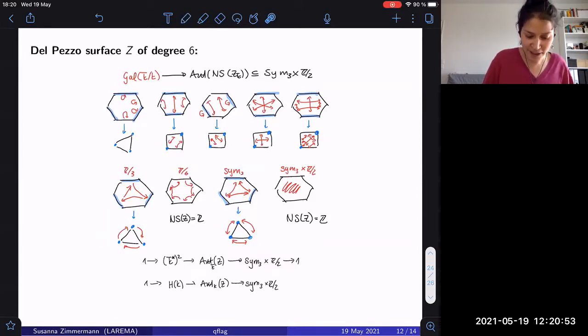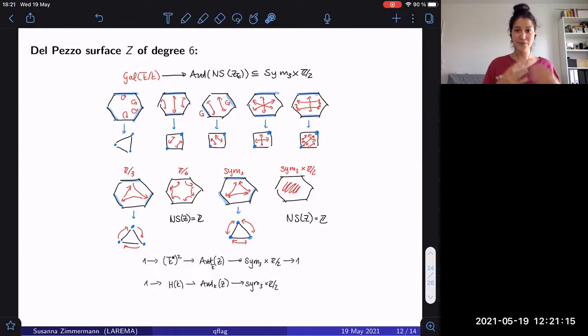We have a rotation of order 6, and we can contract absolutely nothing over K. We have the symmetry group of order 3. We contract an orbit, we end up on P2, where we blew up yet another point of degree 3, and then we have the whole group, where we can contract exactly nothing.